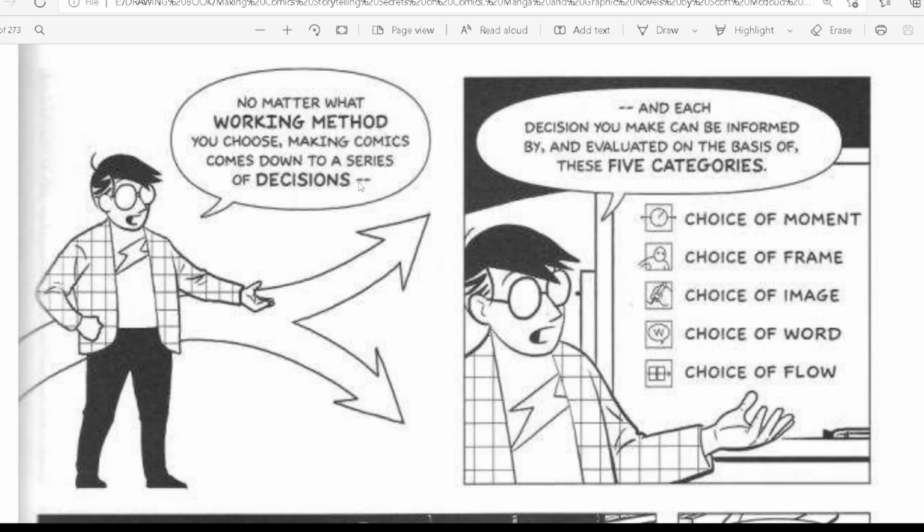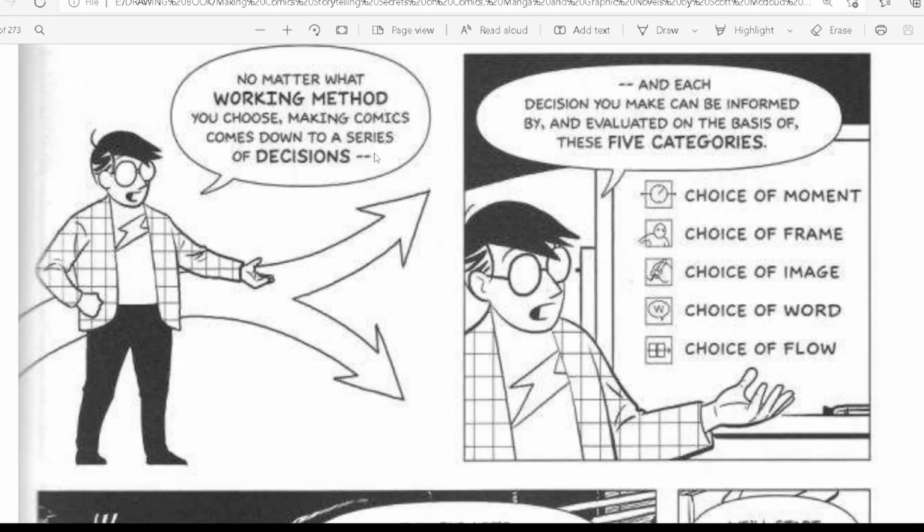No matter what working method you choose, making comics comes down to a series of decisions, and each decision you make can be informed by and evaluated on the basis of these 5 categories.